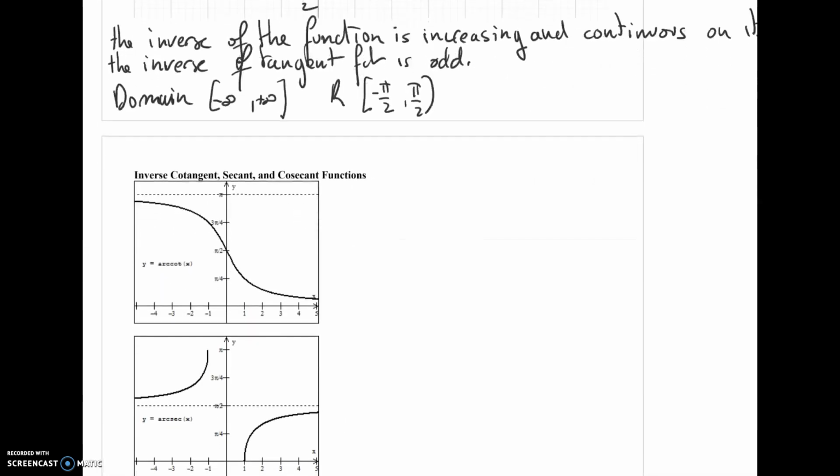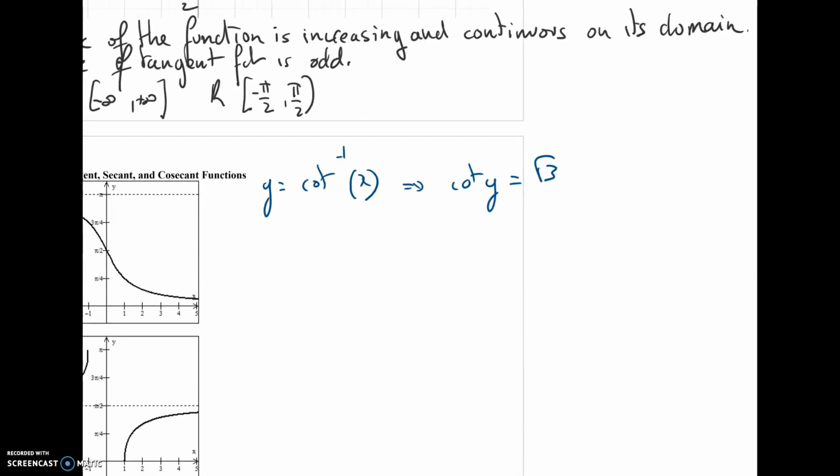All right, so now let's work on a few different things. First of all, if you have y equals the inverse cotangent of x, well, that means that cotangent of y equals square root of 3. You are taking the cotangent of y equals the cotangent of cotangent minus 1 of x, and that gives you cotangent of y equals square root of 3.